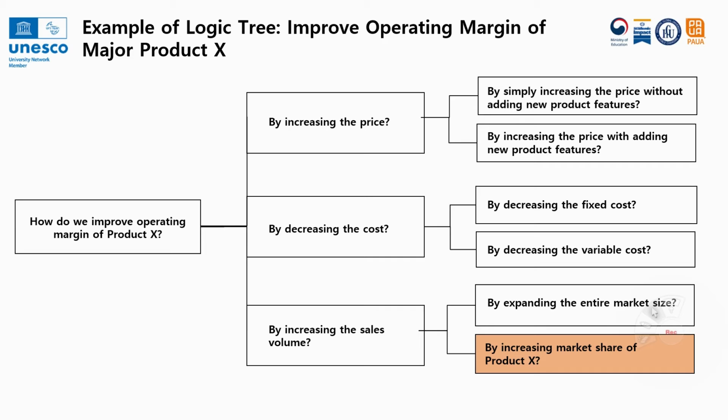Operating margin means the margin we will take by selling the product, right? So as I have emphasized and as I have explained in my previous class, margin means price minus cost. At a certain price, we sell the product.